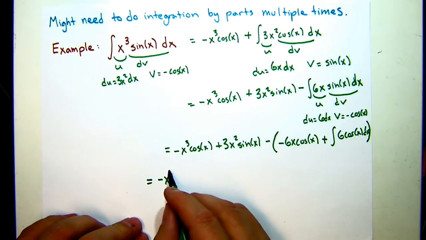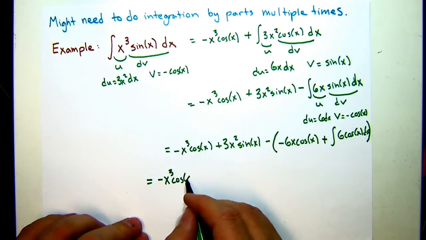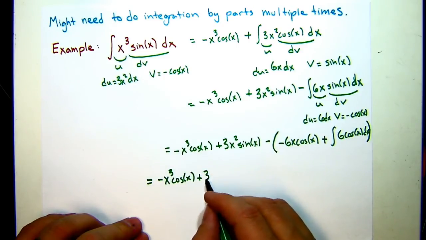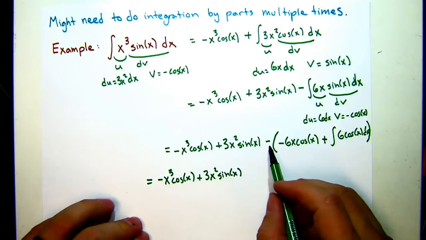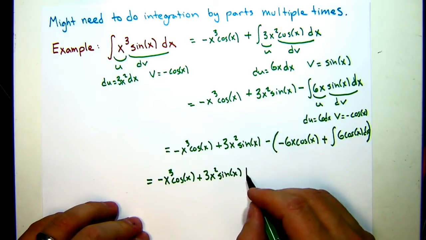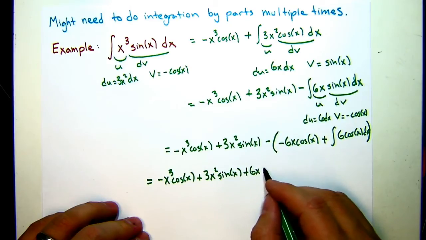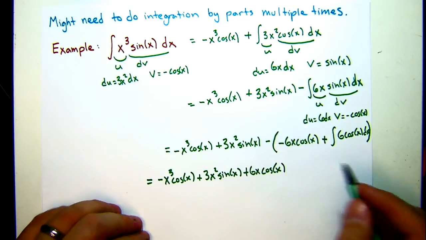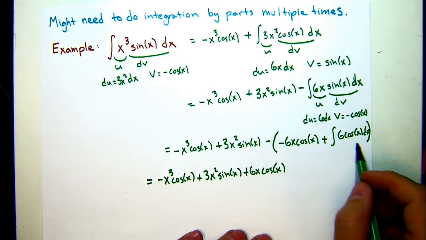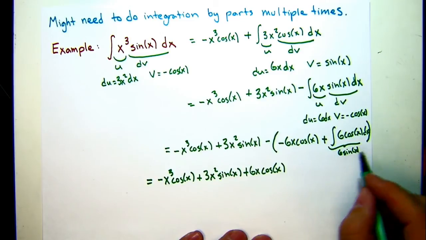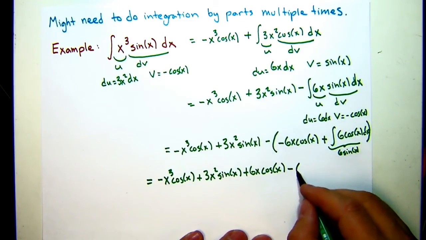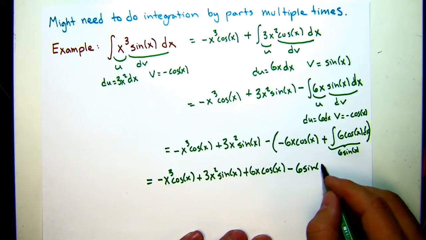And now let's go through and finish this up. Negative x cubed cosine x plus 3x squared sine of x. Here we go. Minus minus makes plus 6x cosine x. Okay, now the integral of cosine is sine. So this part right here is 6 sine of x, and minus that.